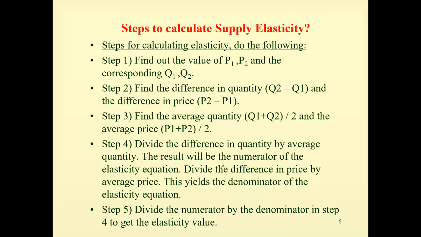The result will be the numerator of the equation. Divide the difference in price by the average price. That result will yield the denominator of the elasticity equation. Step number 5, divide the numerator by the denominator from step 4 to get the elasticity value.